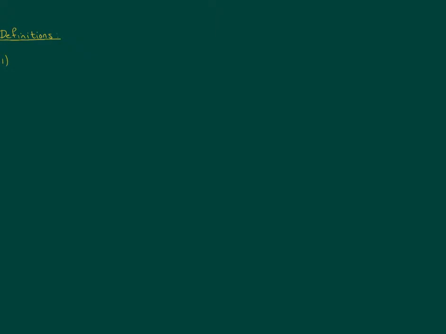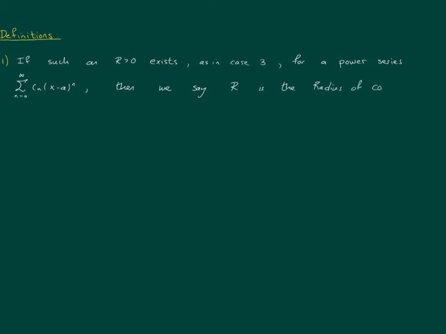First definition: if such an R greater than 0 exists, as in case 3 in the previous theorem, for a power series sum n from 0 to infinity, Cn (x minus a) to the n, then we say R is the radius of convergence of this power series.